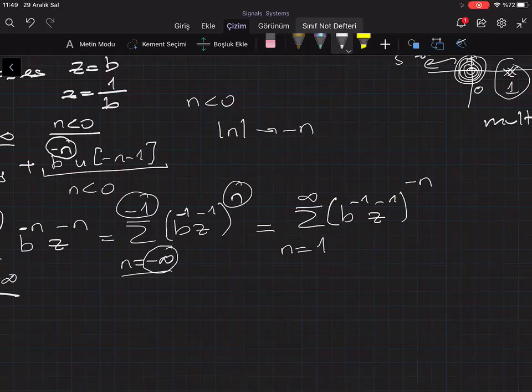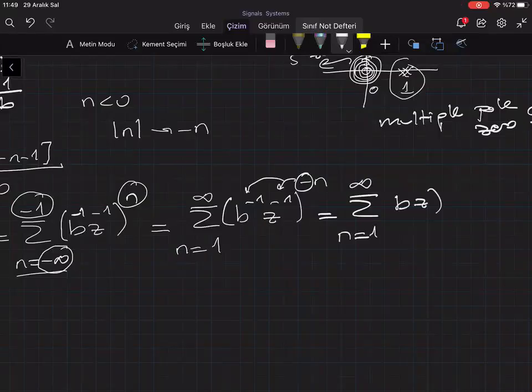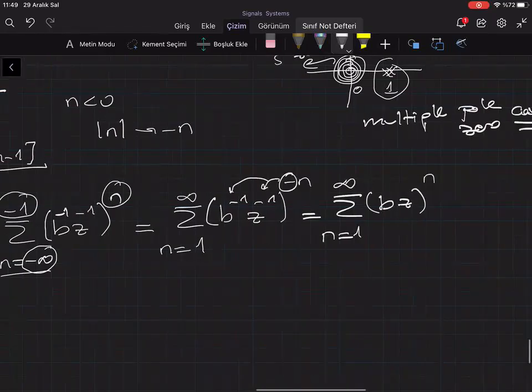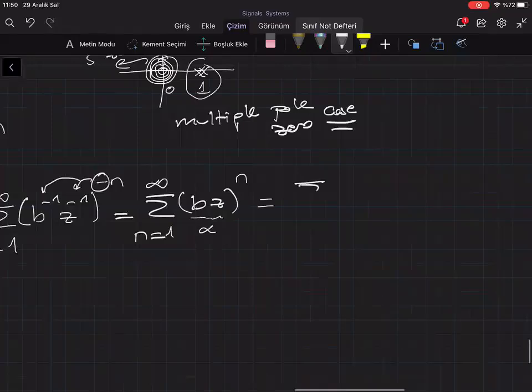Then I take this thing inside. N is equal to 1 to infinity, b z to the power n. I multiplied the exponents like that. Then my alpha is here. So what should I do next? I continue like this.